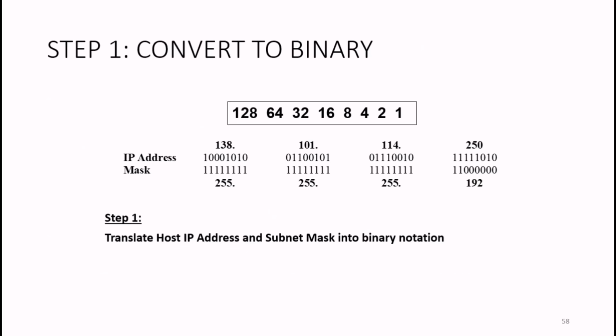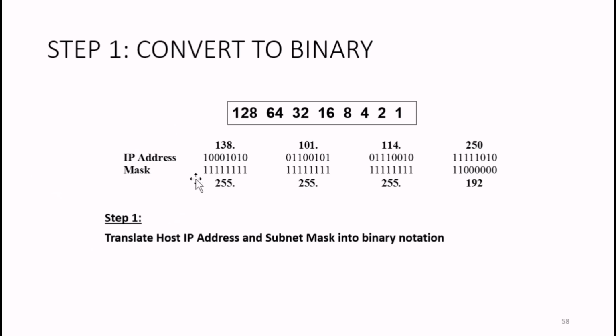So the next step is to convert the IP address and the mask address here into binary. This makes it easier for you to differentiate which is the subnet, which is the network, and which is the host bit. Okay, so this is the first step.